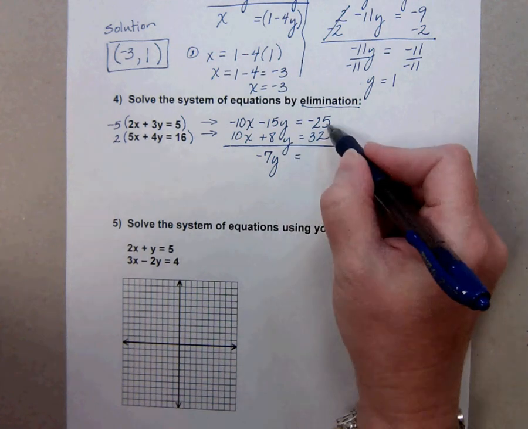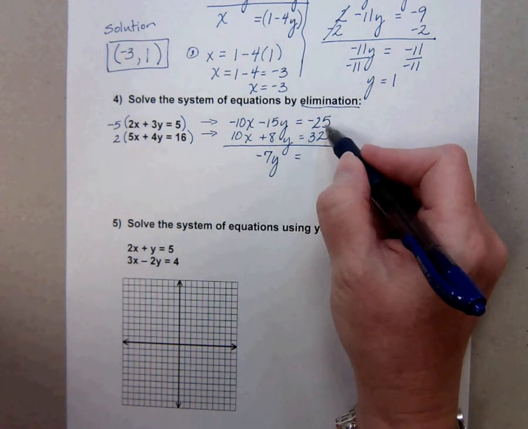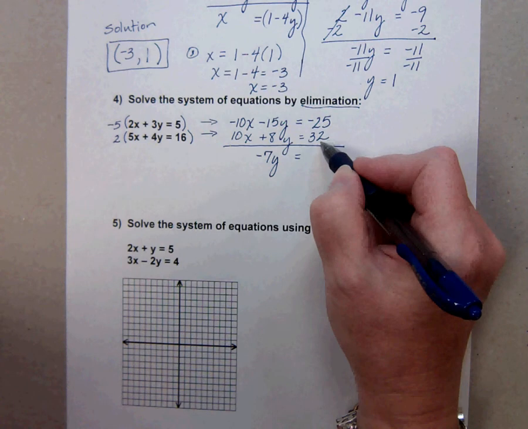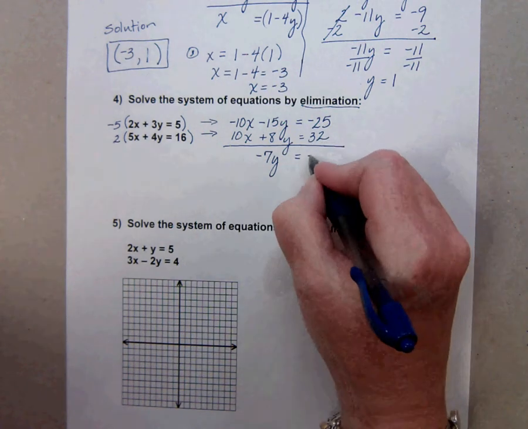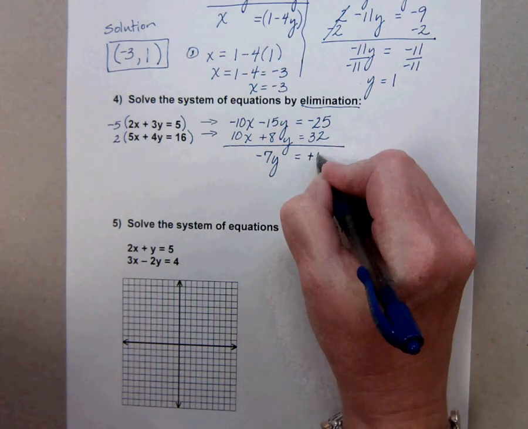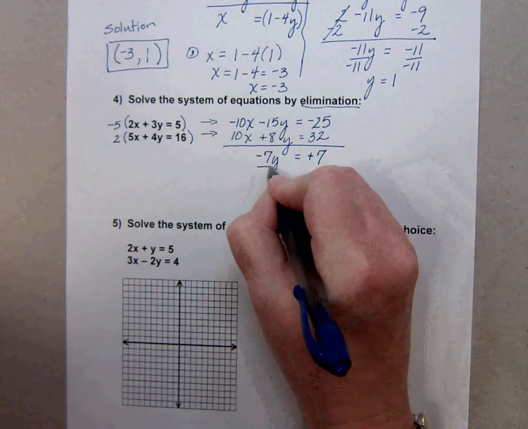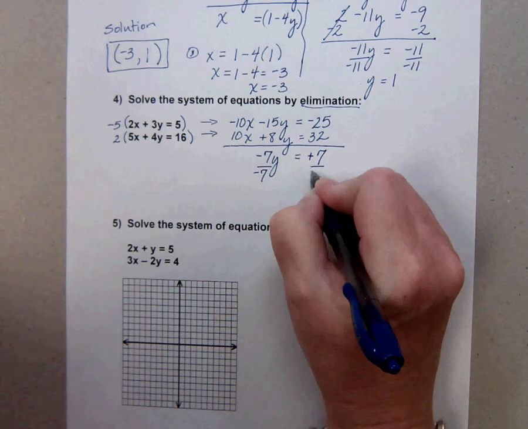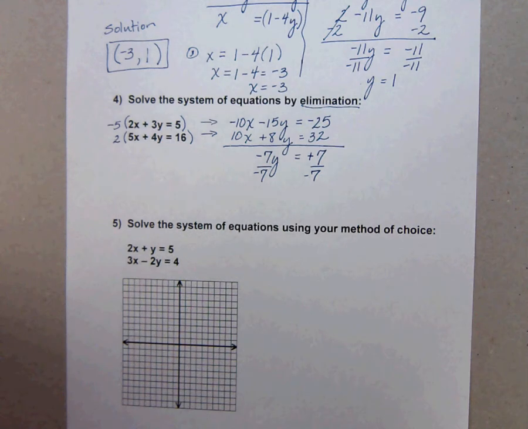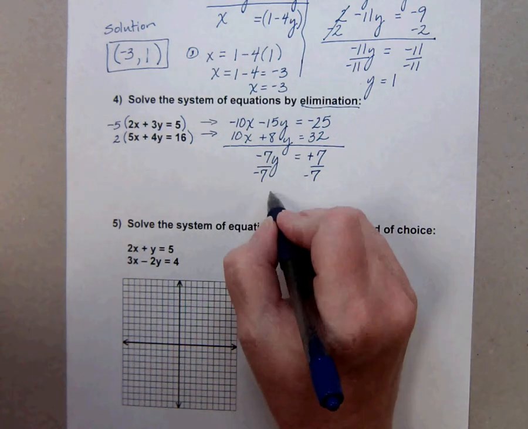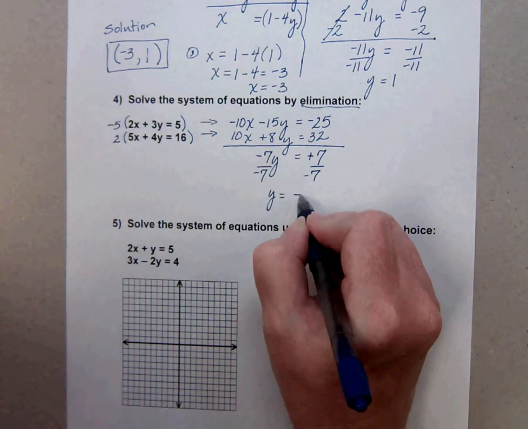And then on the right side, negative 25 plus 32 is a positive 7. If you divide by negative 7 on both sides, you will now get y equals negative 1.